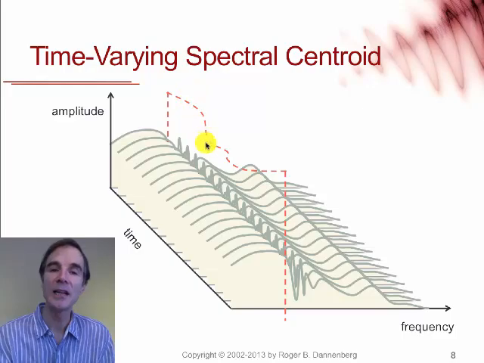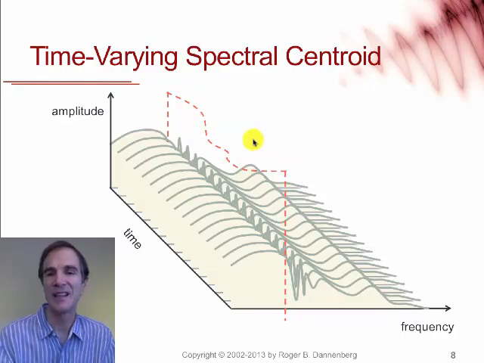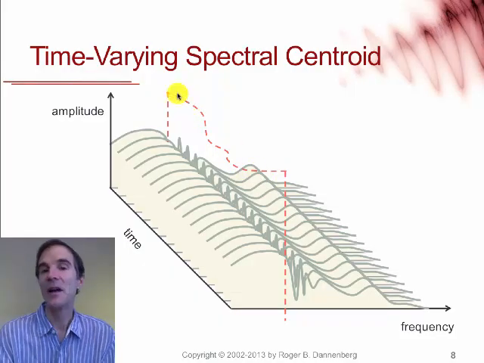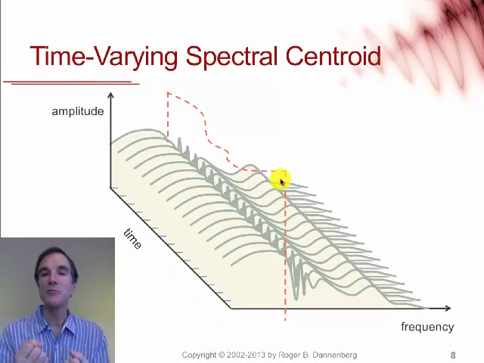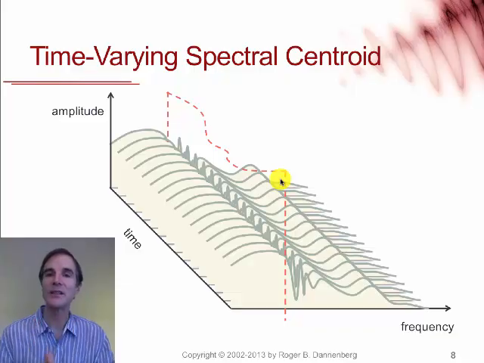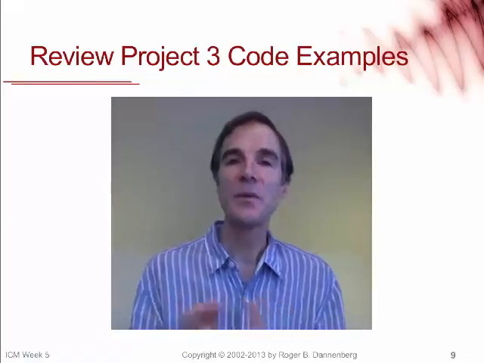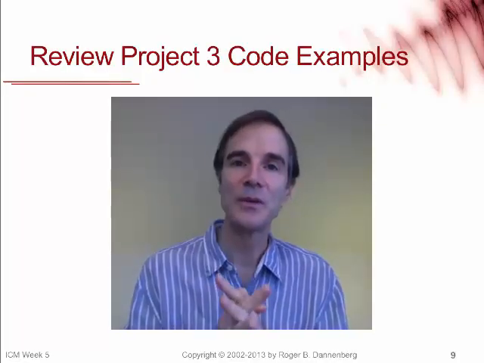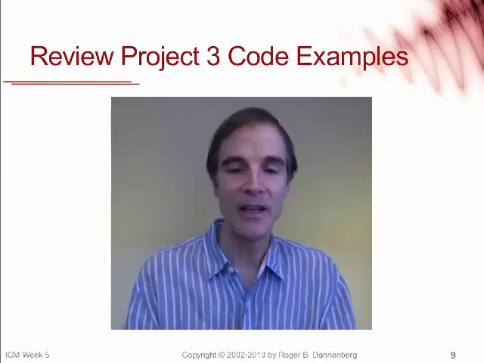So if we plot just the spectral centroid as a function of time, and I tried to indicate that here on the graph, then that would be a time-varying measure of local brightness in the signal. So that's what we're going to use in the project to control the depth of modulation in FM.